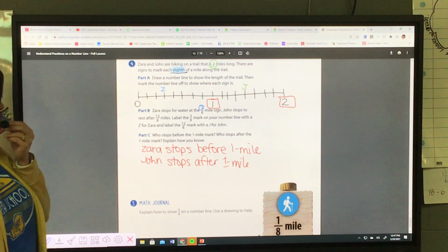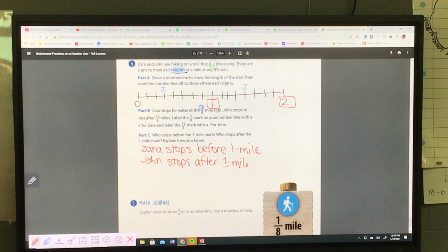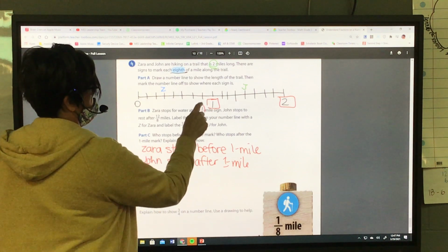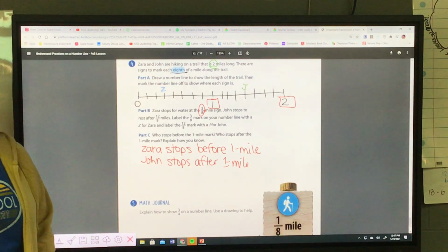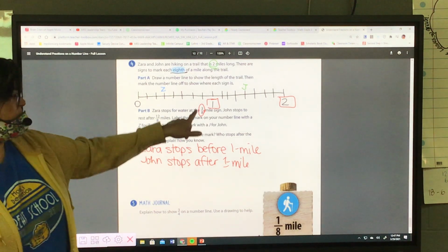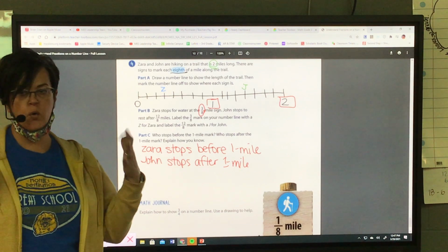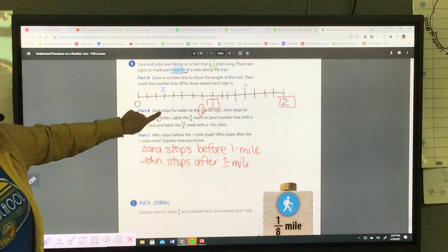Okay, how do we know that Zara was before 1 mile? Think about Zara's fraction here, this 3/8. Is our numerator smaller than our denominator? Yes. So that tells us that we're not to 1 whole yet. But look at John.